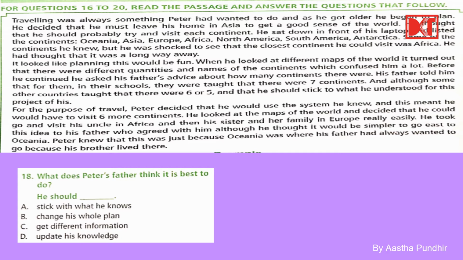And although some other countries taught that there were 6 or 5, he should stick to what he understood for this project of his. So Peter's father suggested that it is best to stick with what he knows, right? Whatever he knows, he should stick with that. That was the advice given by Peter's father.